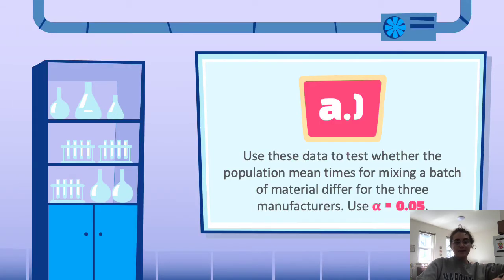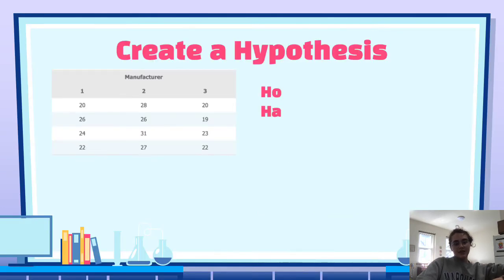So for part A, we want to use the data to test whether the population mean times for mixing a batch of materials differ for the 3 manufacturers. Just like in last week's tutorial, the word differ is extremely important when we're creating our hypothesis. So because of this, we want to create a null hypothesis and an alternative hypothesis.